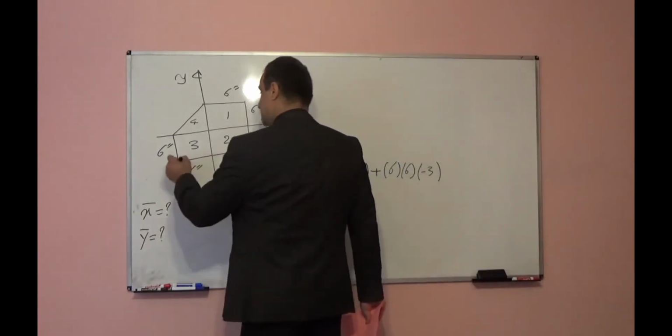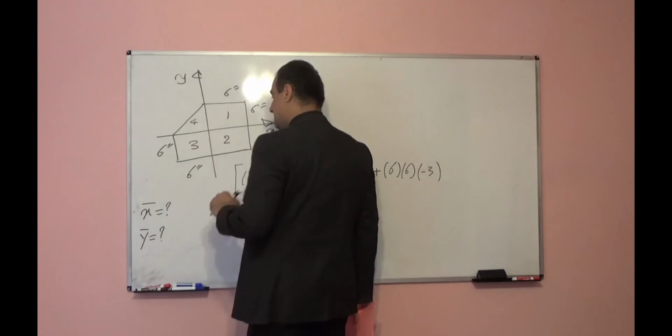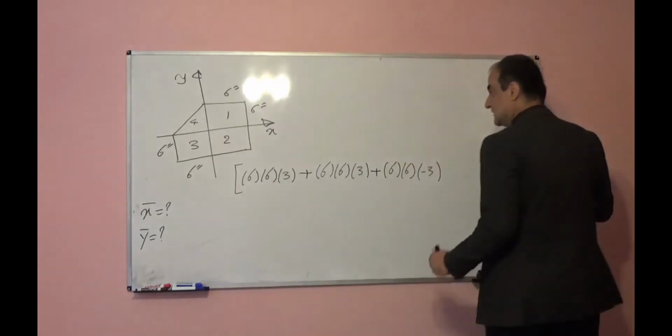Area will be 6 times 6. The distance of the centroid to y will be negative 3.